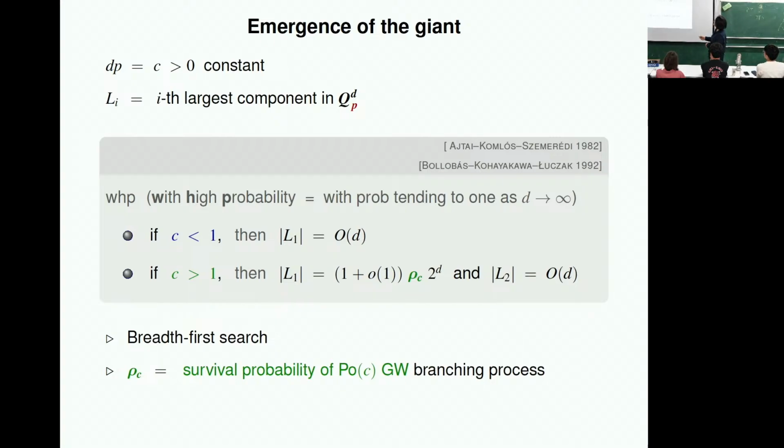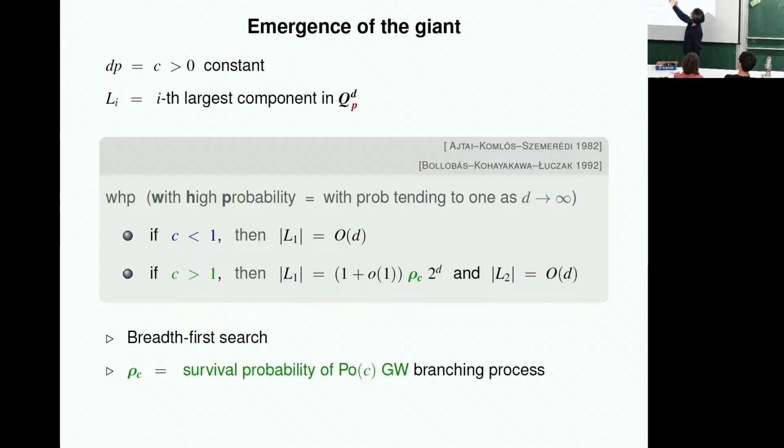With probability tending to 1 as d tends to infinity, but you just think of d as very large, with high probability, WHP, meaning like 1 minus big O of 1 over d, if you want, what we can show is the following.